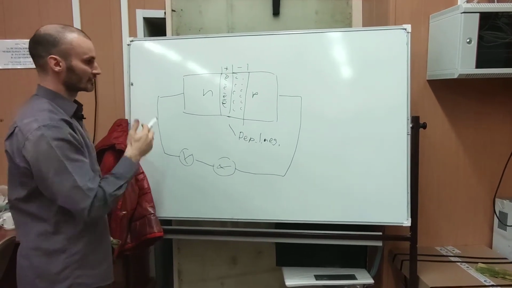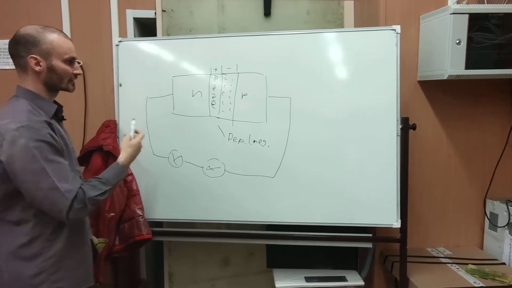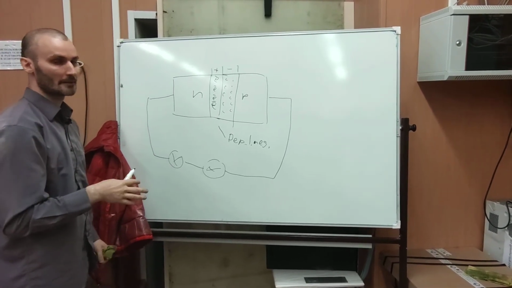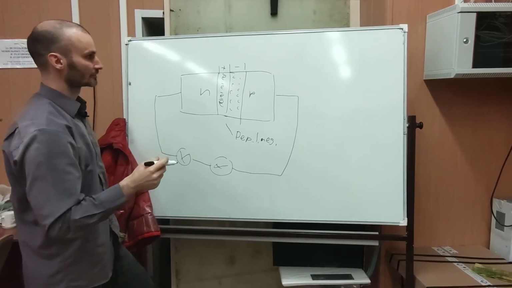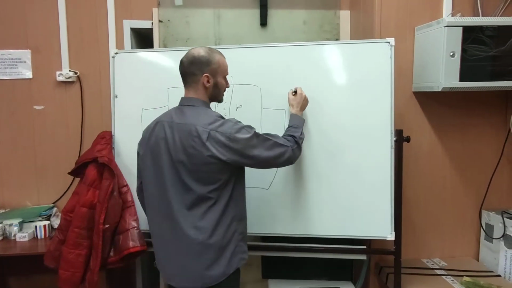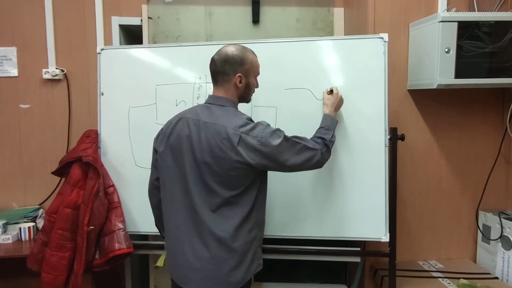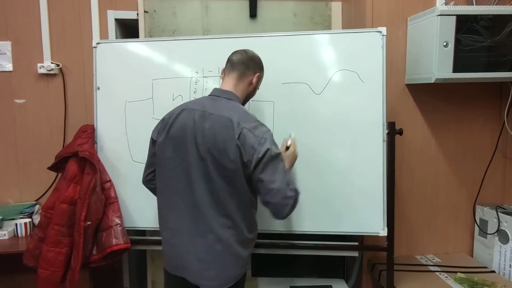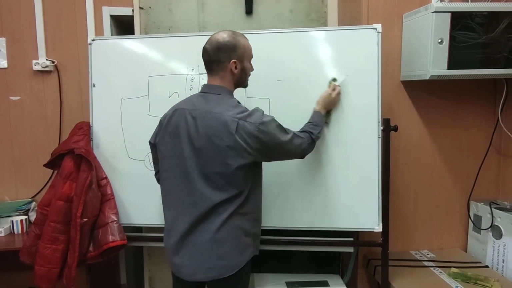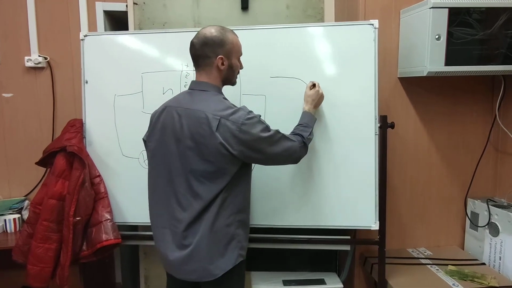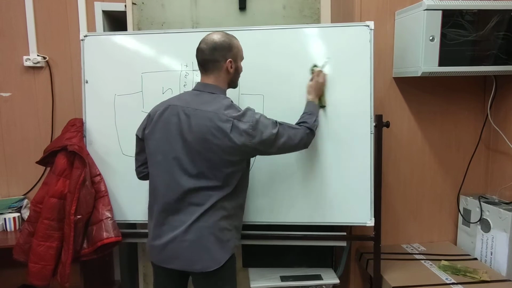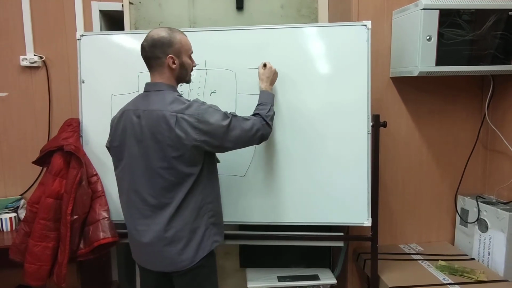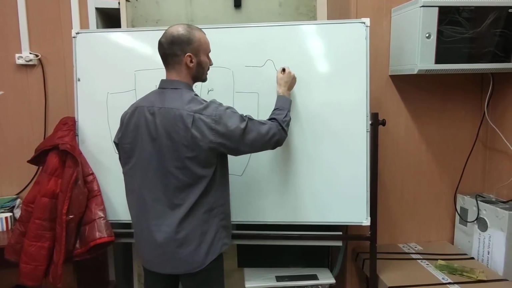This diode can conduct electricity in only one direction, and in that direction it looks like this. We have positive and negative. Let's redraw it again. The graph would look like this, for example.